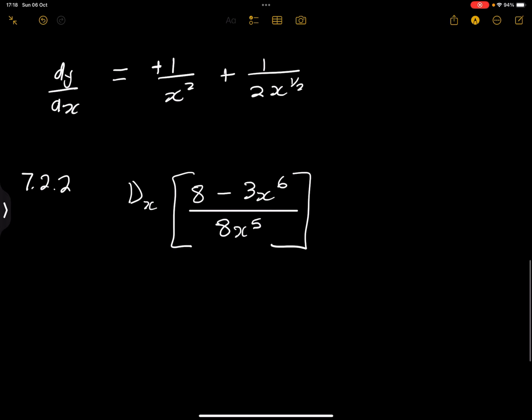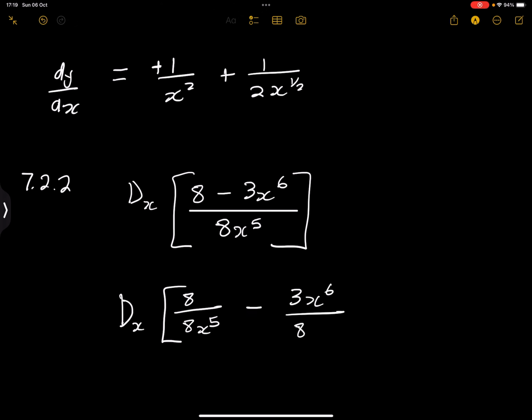Right, once again, ladies and gents, we can only start differentiating once we have gotten rid of what is in the denominator there. Okay, so we've got 8 over 8x to the power 5 minus 3x to the power 6 divided by 8x to the power 5.